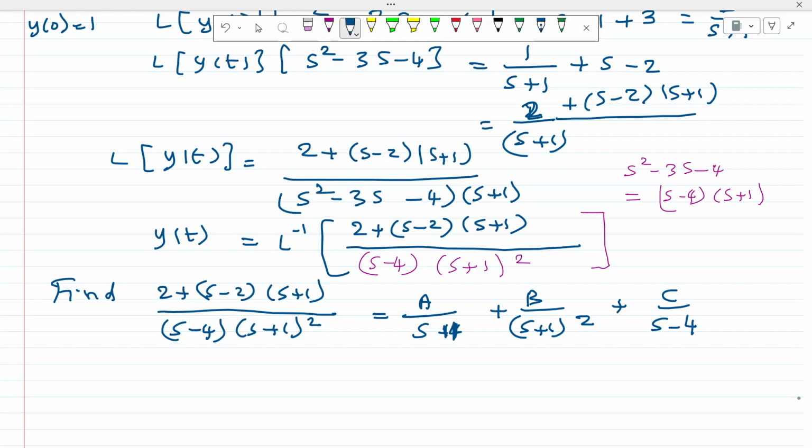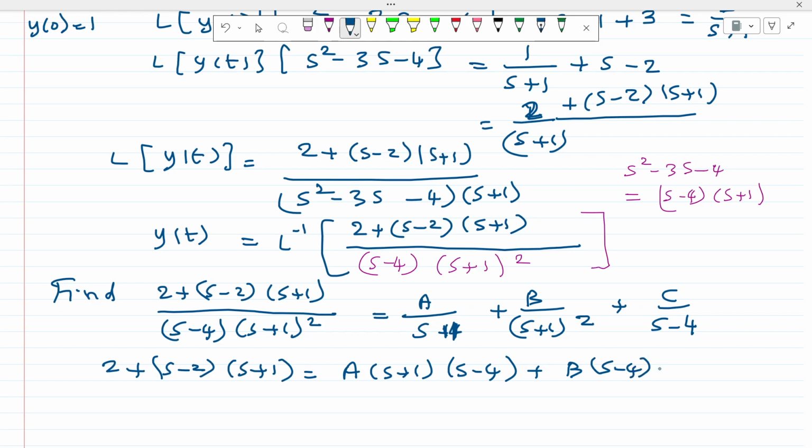What is the value of A? What is the value of B? What is the value of C? So we can write here 2 plus (s minus 2)(s plus 1) equals A into (s plus 1) into (s minus 4), plus B into (s minus 4), plus C into (s plus 1) whole square.